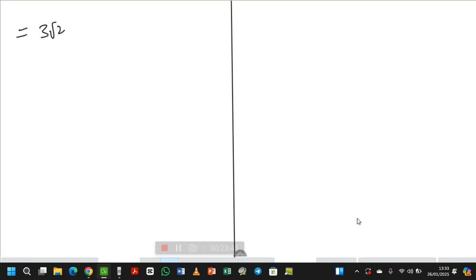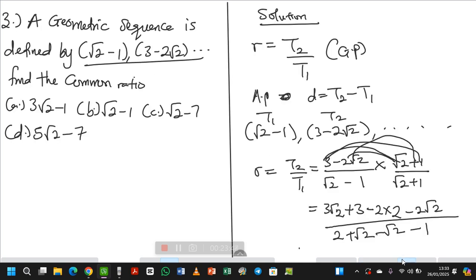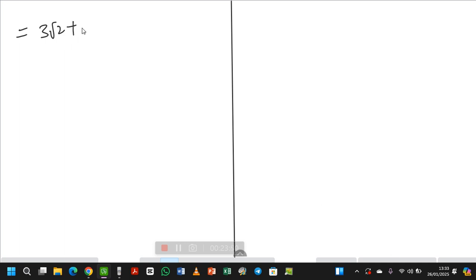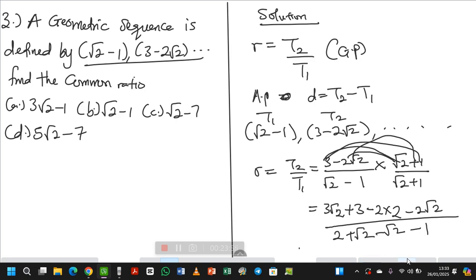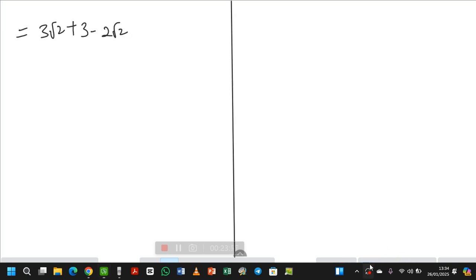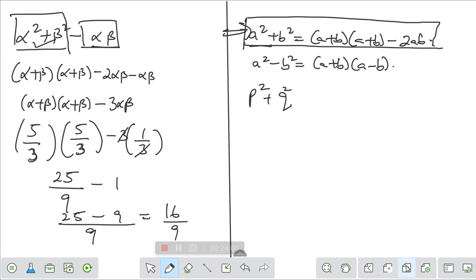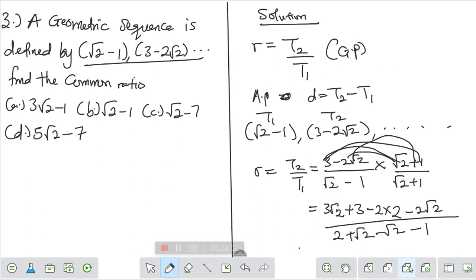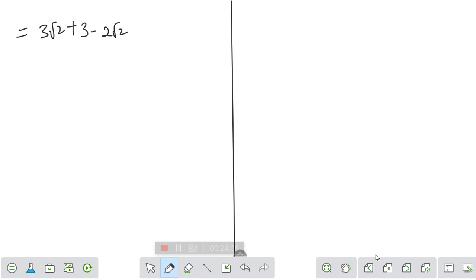We have 3 root 2 plus 3 minus 2 root 2, divided by, minus 2 root 2 times minus 2 root 2 over 2 plus root 2, minus 1, root 2.